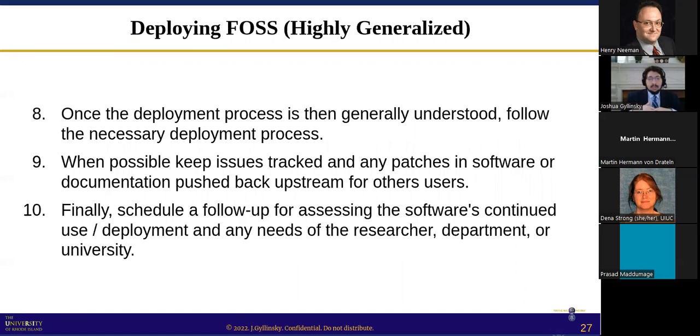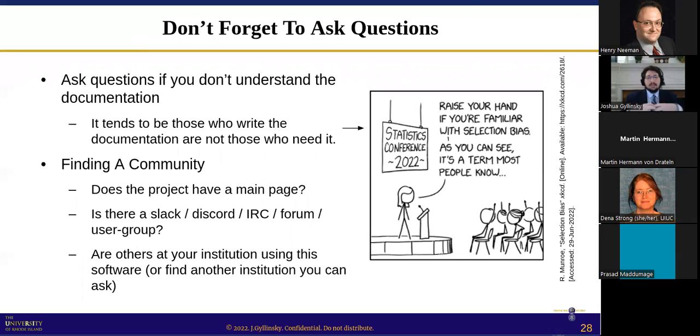Once the deployment process is generally understood, you can follow that plan while keeping track of any possible issues you might encounter, and schedule a follow-up with the facilitators to make sure that the software is meeting your needs and working correctly for the university's resources.